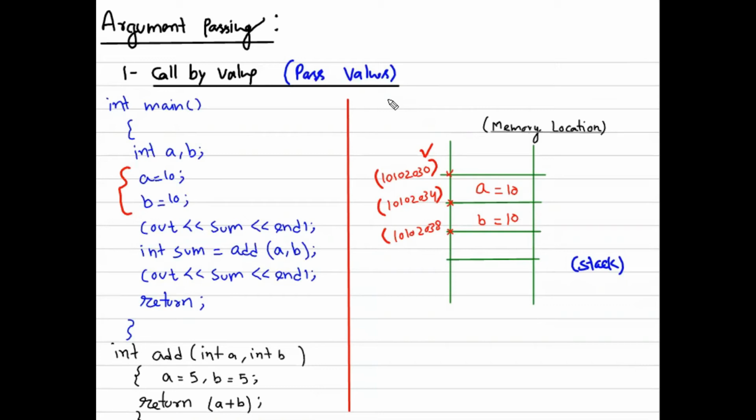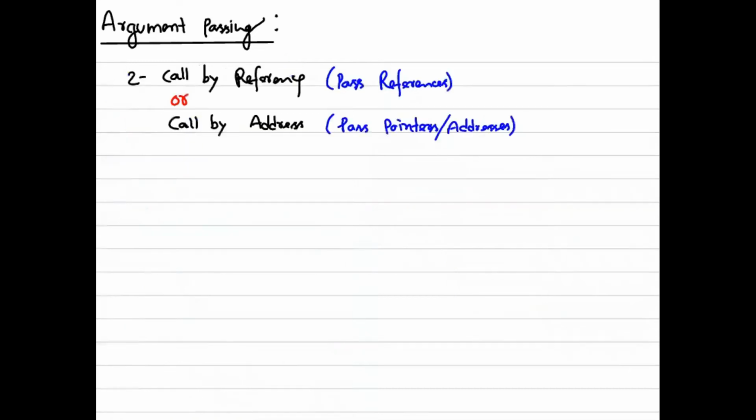This method is called call by reference or call by address, because in this method we don't simply pass the values, but instead we pass the actual address of the variable. If a function has the address of a variable, then the function has the liberty to modify the values itself, because the function can access the address of the variables being passed.